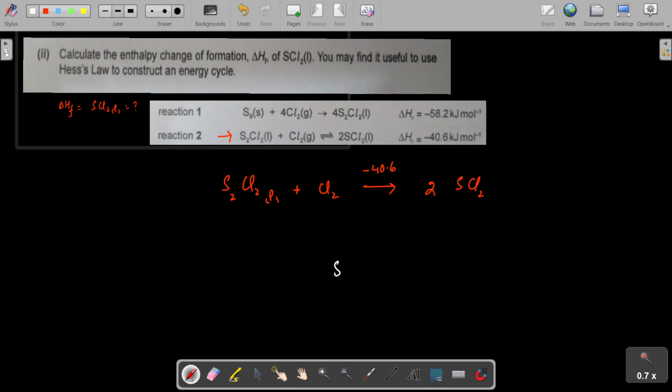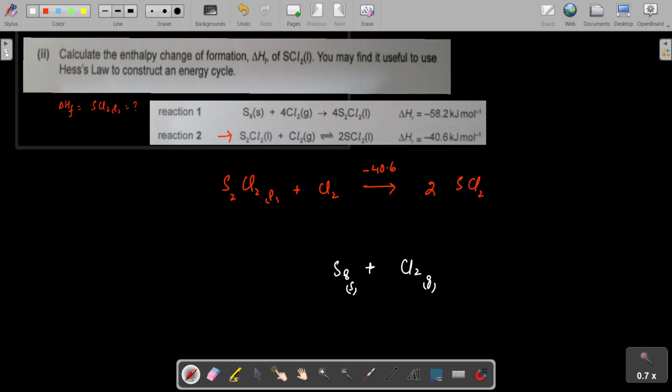So if I take sulfur in the standard state as S8 solid and chlorine Cl2 in the standard state, the gas form, so it is the standard state of sulfur and the standard state of chlorine.